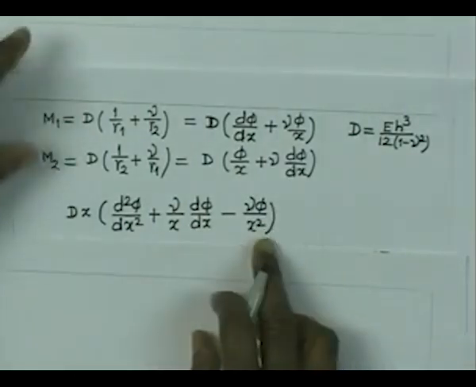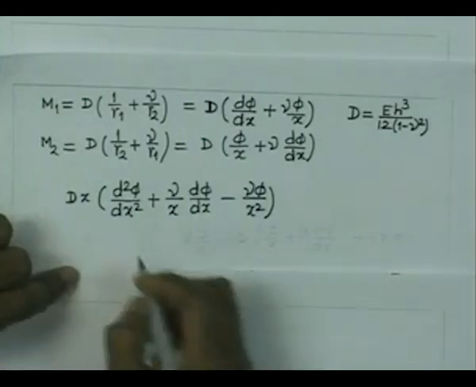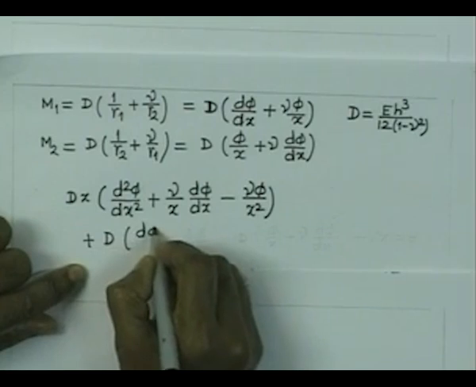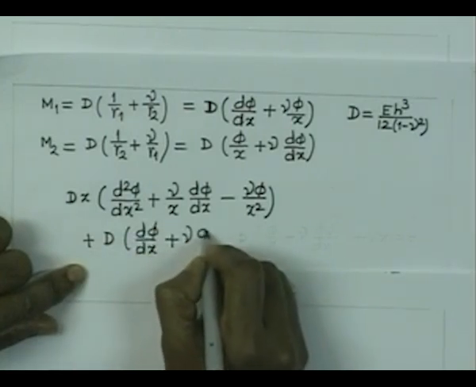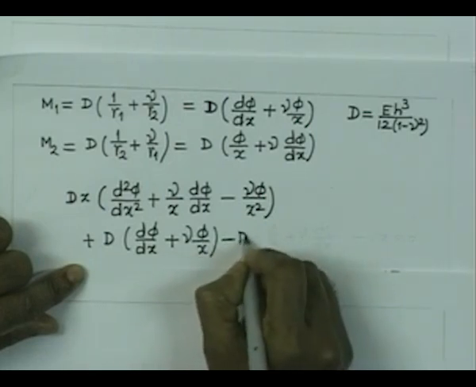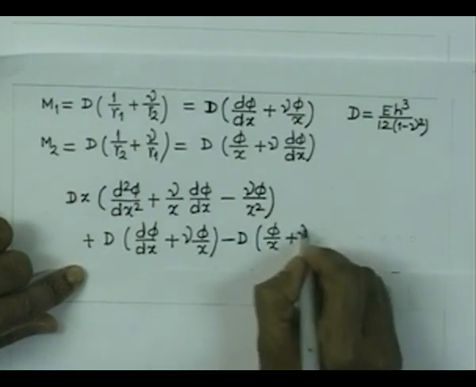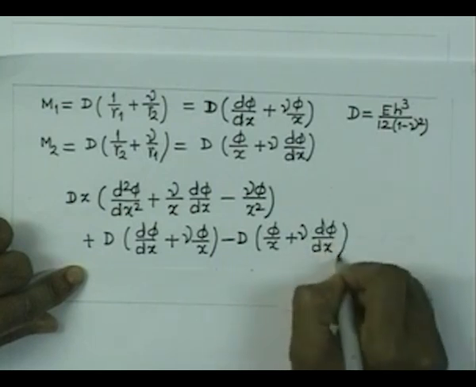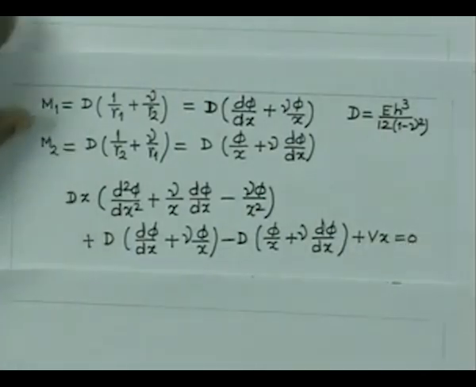So, that is x dm1/dx. Then we had m1 minus m2. So, therefore, we will have plus d phi/dx plus nu phi by x minus m2, which is again d phi by x plus nu times d phi/dx, plus Vx is equal to 0.